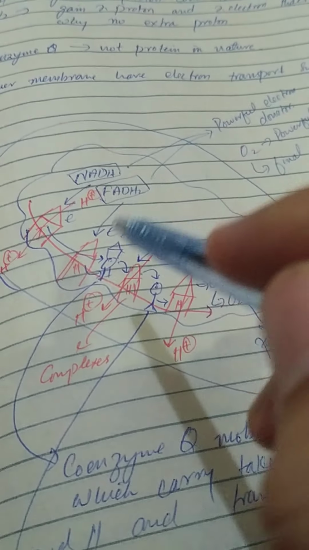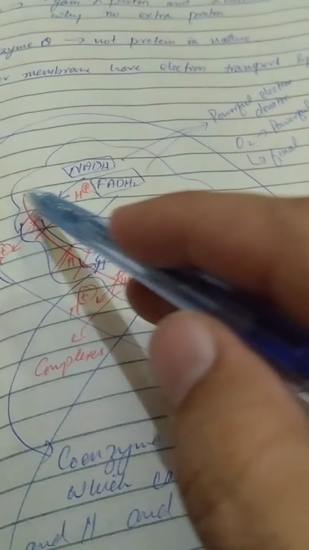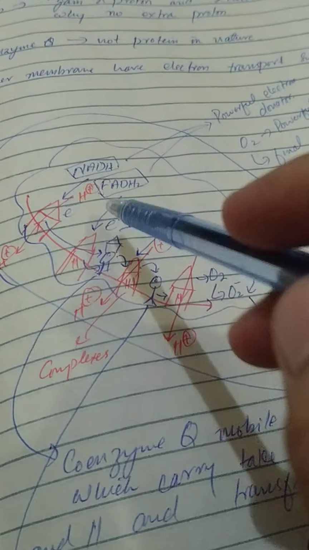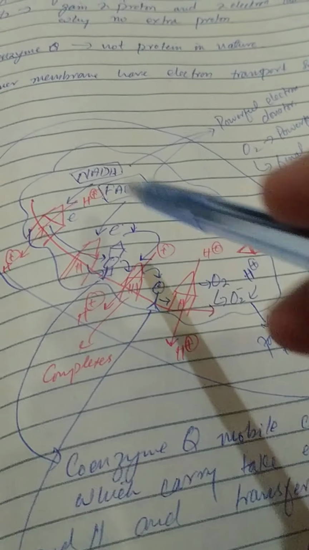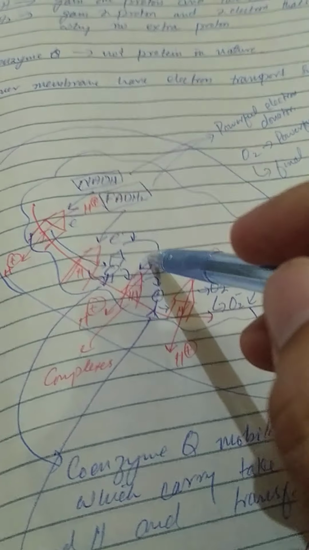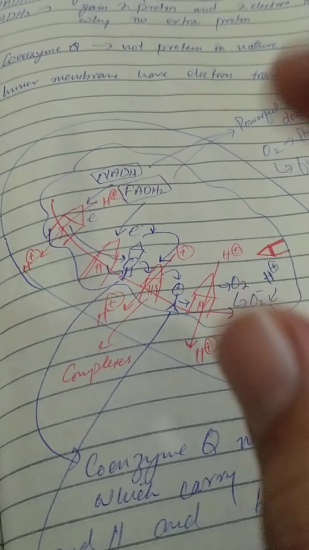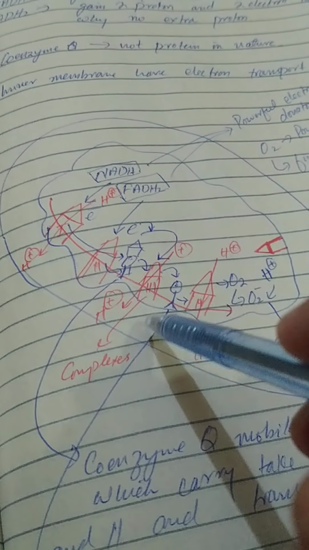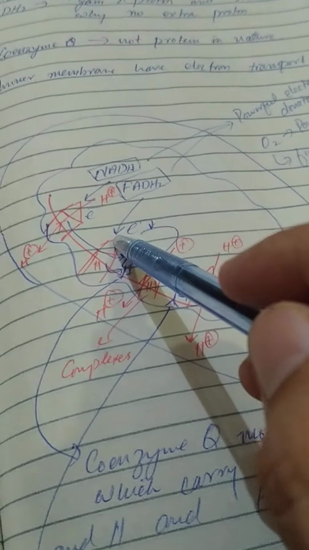Now when we have more electrons coming through this process, we have more protons getting out to the intermembranous space. Now in this process, the pumping of protons from the matrix to the intermembranous space only takes place at complex number 1 and complex number 3.